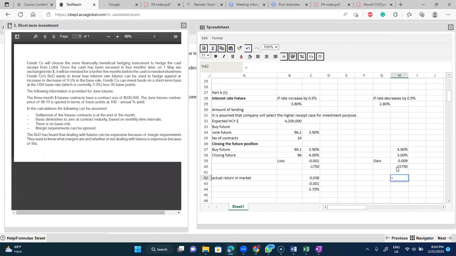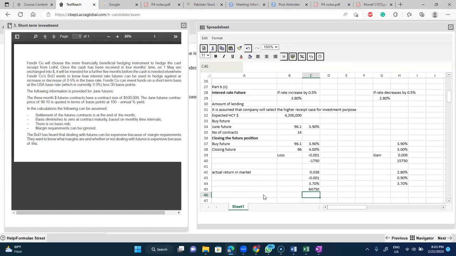In market, actual income is 2.8. Gain is this. So the total income will be this. If you want to calculate the total income, that is 3.7 into 4.2 million into how many months there are, 5 over 12.